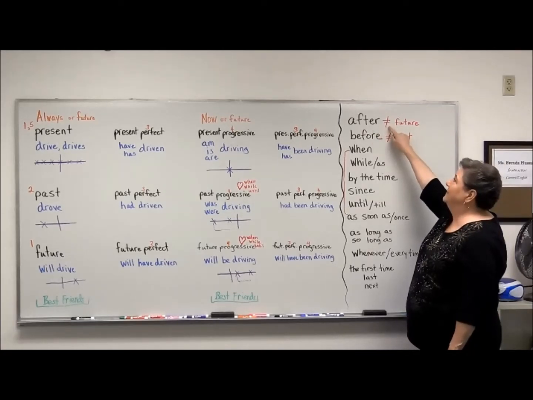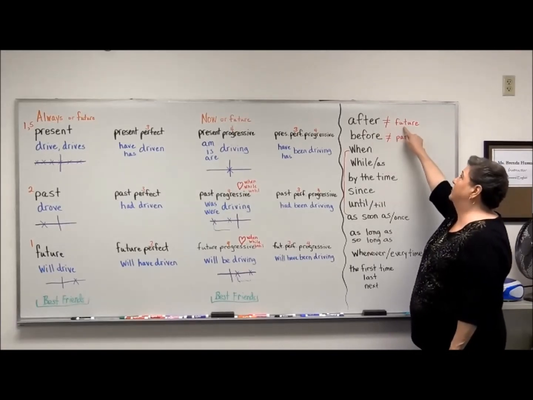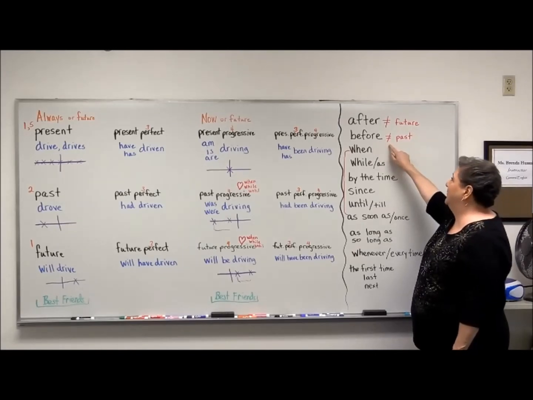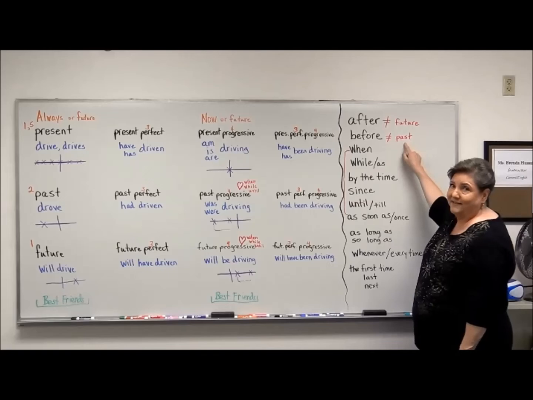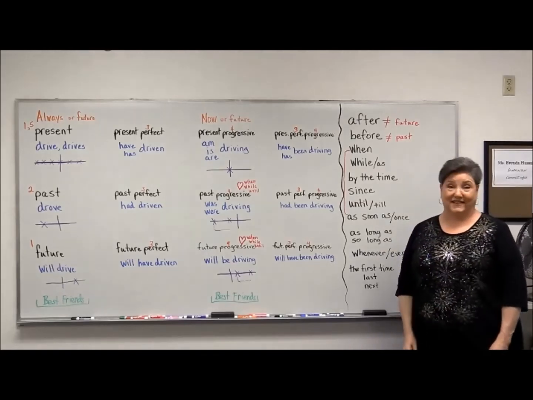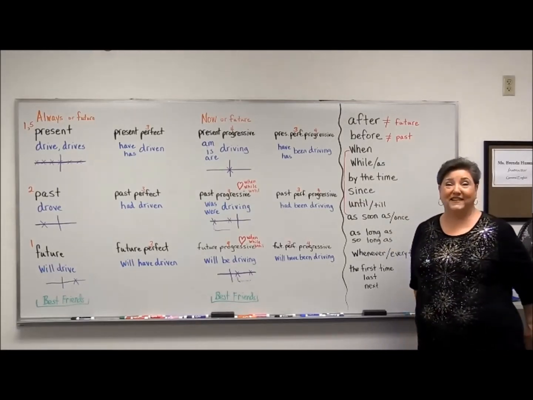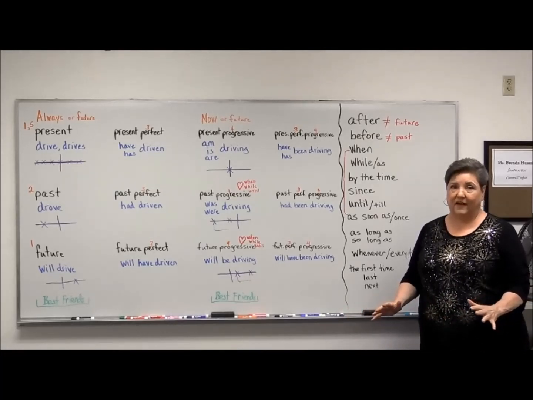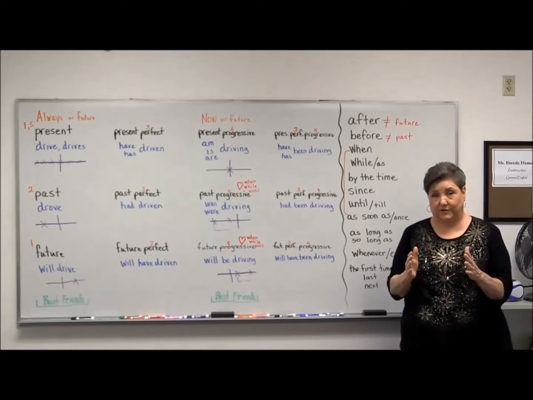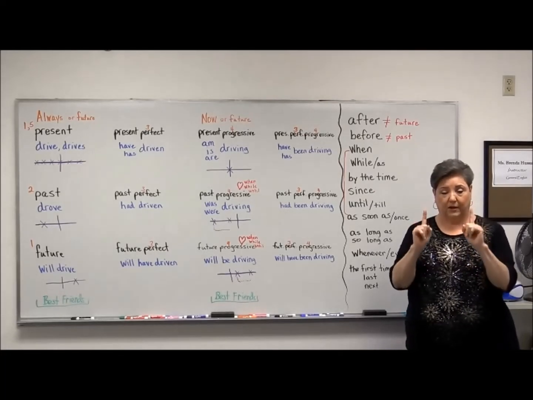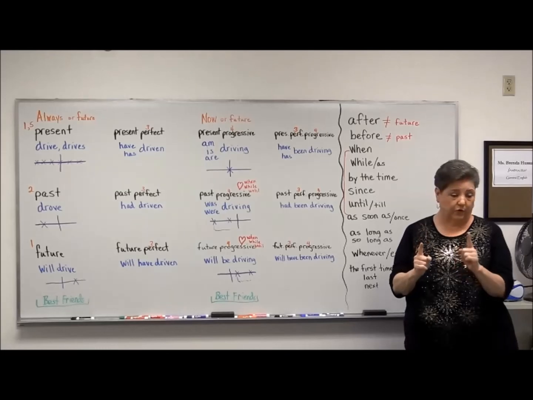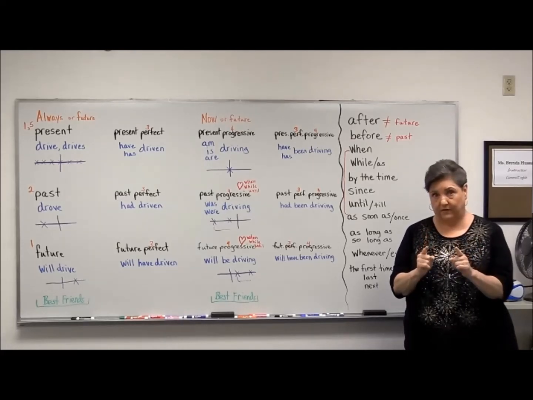After does not mean future. And before does not mean past. In some languages it does, but when you come to English, those words do not mean future and past. They are always used in English when you're talking about two actions. This one comes before this one, and this one comes after this one.